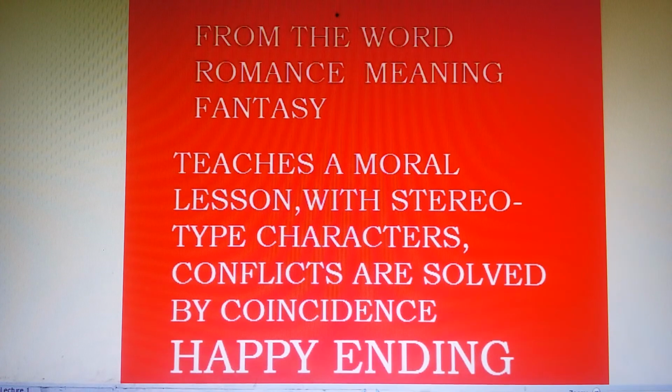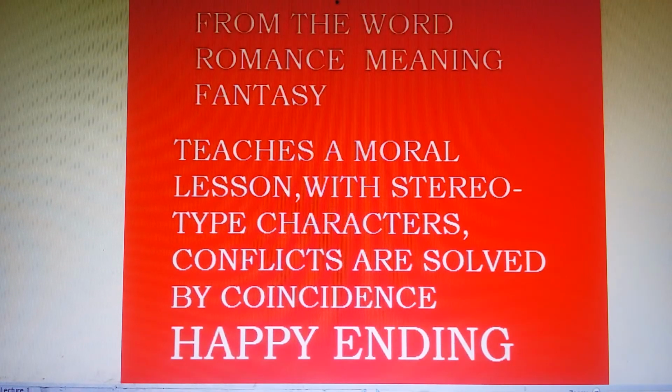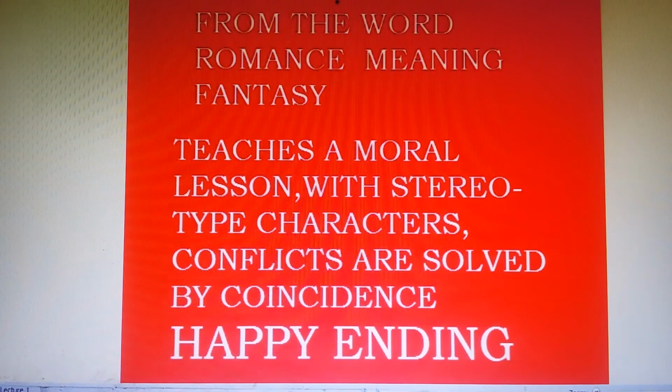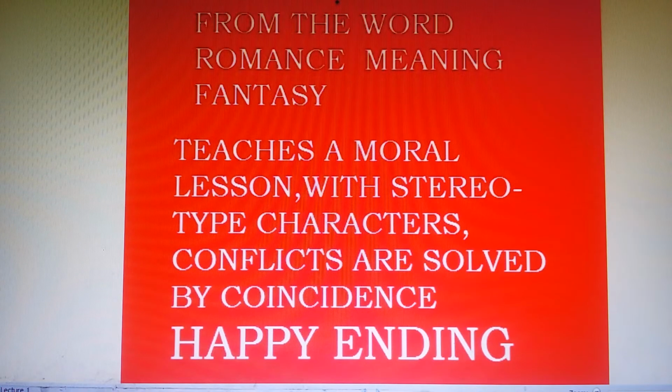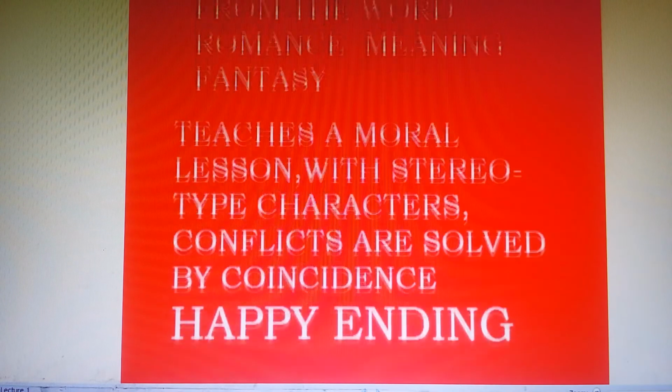The characters are stereotyped, meaning to say, the good ones look neat, while the bad ones look ugly, unkempt, and the voices are always shouting. The conflicts are solved mostly by coincidences. And despite the conflict, it has a happy ending.